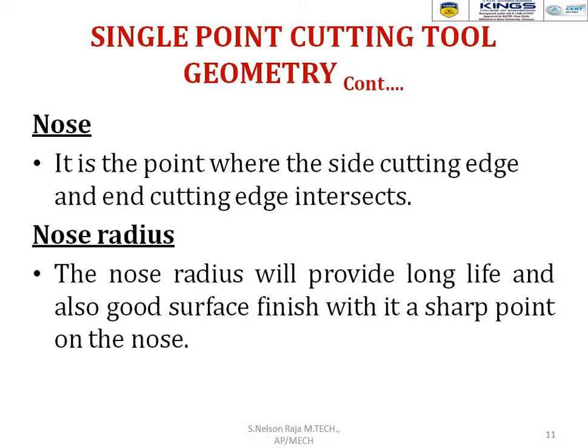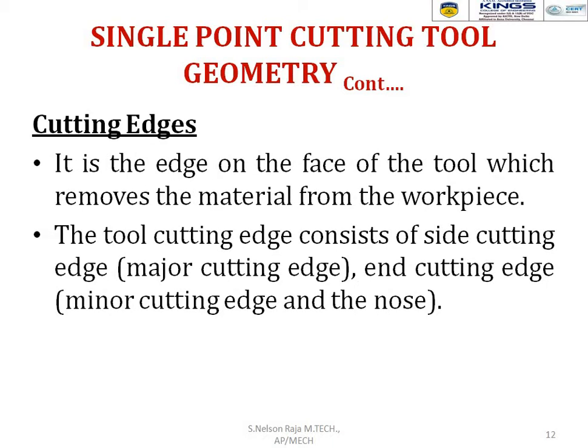And nose: it is the point where the side cutting edge and end cutting edge intersect, that is called the nose. And nose radius: the nose radius provides long tool life and also good surface finish, compared with a sharp point on the nose. And cutting edges: it is the edge on the face of a tool which removes the material from a workpiece.